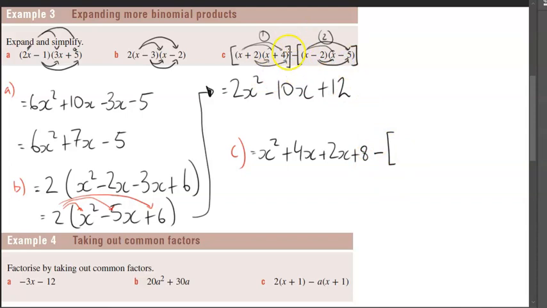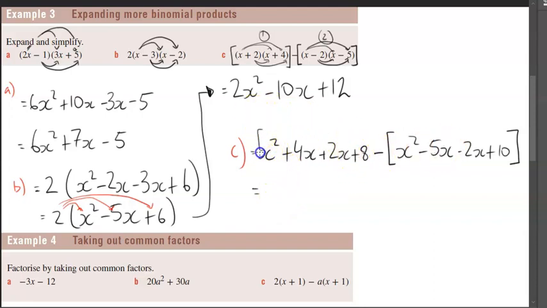And you'll see why I'm putting this square bracket here. It has everything to do with the fact that this is a negative. x times x, x squared, x times negative 5, minus 5x, negative 2 times x, minus 2x, negative 2 times negative 5, positive 10. Close this bracket. Okay, let's tidy up what we can within the brackets.